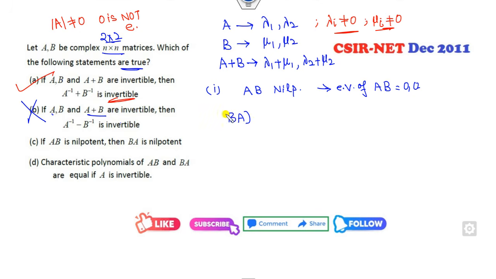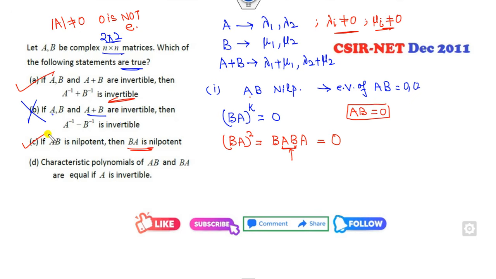Your target is to prove that some power should be 0. If I prove this number, then it means it's nilpotent. I can simply choose a scalar. Fine. So I can write BA, BA. What is this number? AB is nilpotent, that means AB is 0. Fine. So if this number will be 0, that will be 0. So therefore BA is nilpotent.